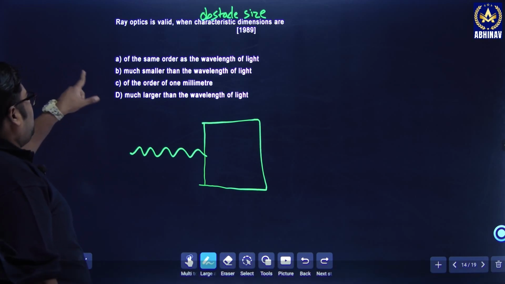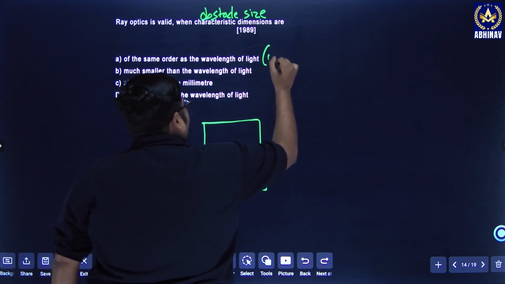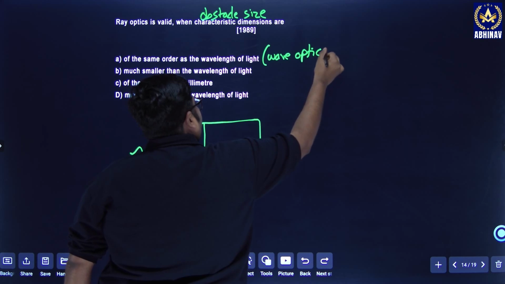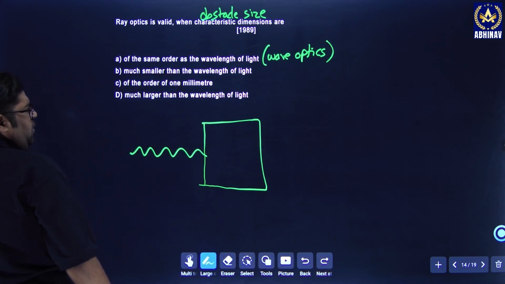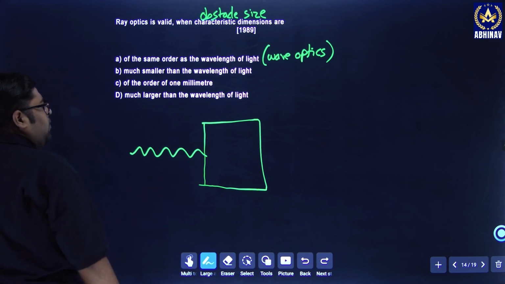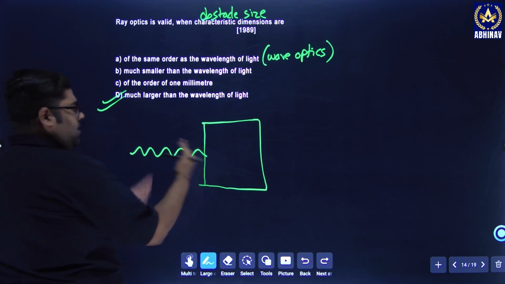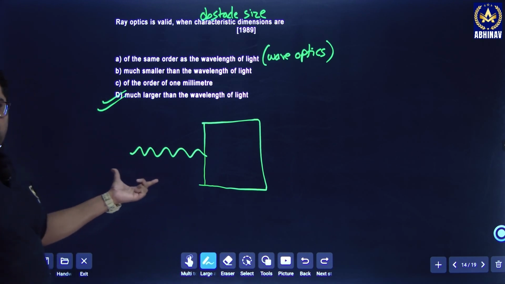No. If same order was there, then it is the concept of wave optics, right? Much smaller than the wavelength of light? No. Object is larger. Of the order of 1 millimeter? No. So the last option is correct, that the size of the obstacle is larger than the wavelength of light. Okay.